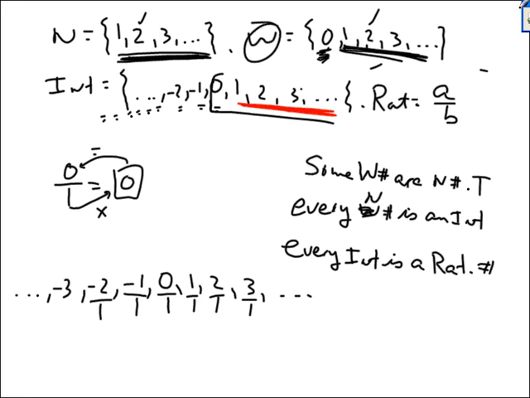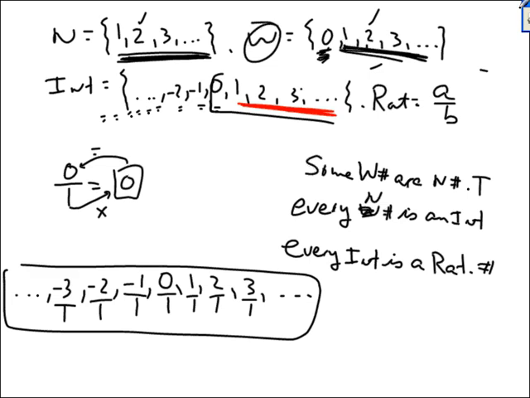-1 is -1 over 1. Negative 2, you can divide by 1 and still get negative 2. Negative 3 is the same as negative 3 over 1. All the numbers I have now are the division of two integers. And the bottom is not 0, they're all 1. So now these are rational numbers.